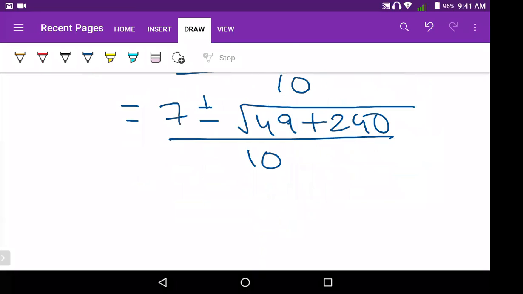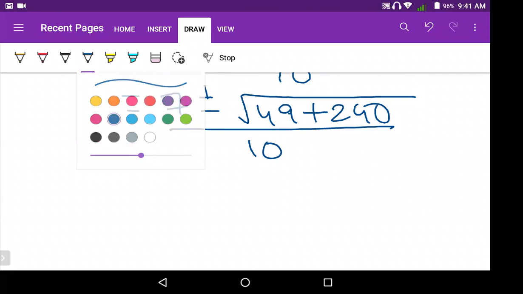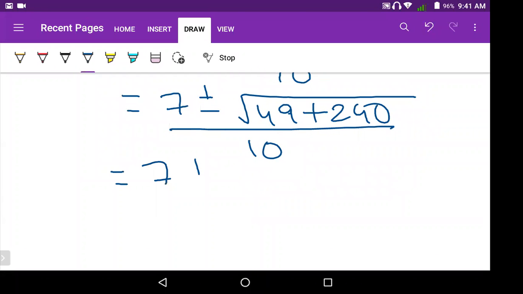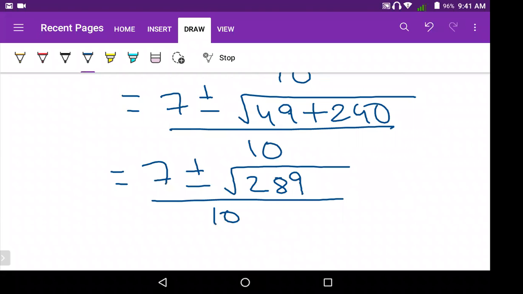Next step, 49 plus 240 is 289 divided by 10. Next, 7 plus or minus square root of 289, how much do you get? 17, is it? Okay, so plus or minus 17 by 10.